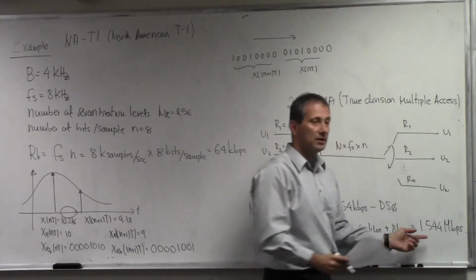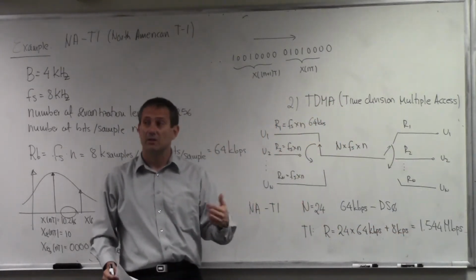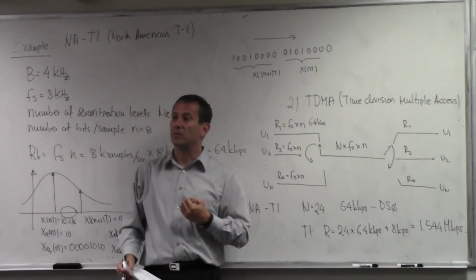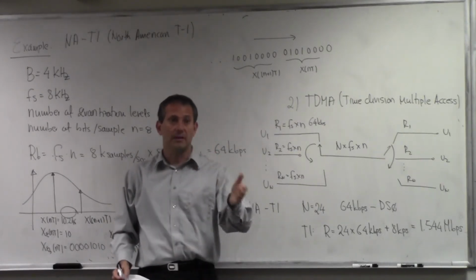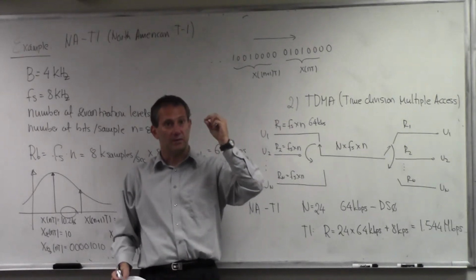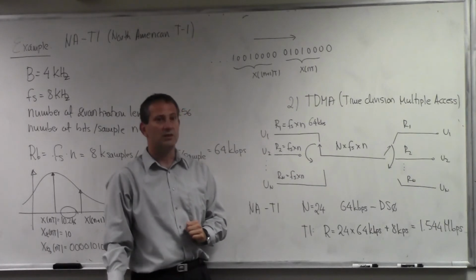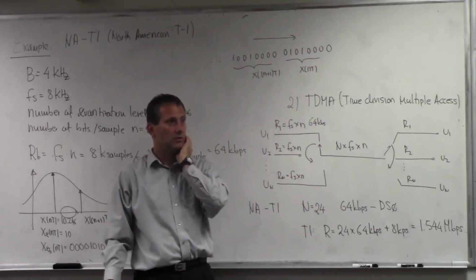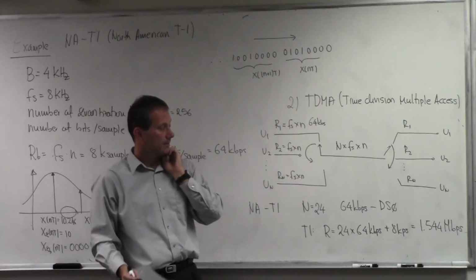And that's the rate that you quote for T1. When we say T1 line, we all know that this is roughly 1.5 megabits per second. And so if you get a T1 line delivered to your home, that means you have a 1.5 megabits per second dedicated circuit that you can use for data transmission. Okay?